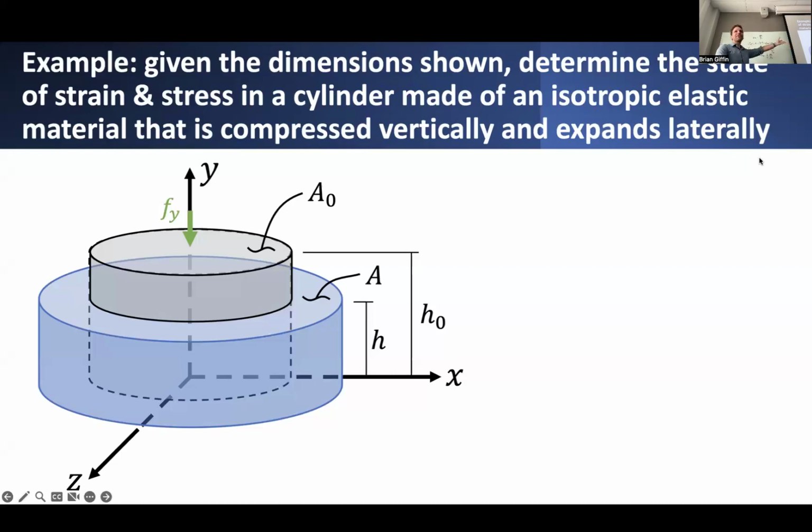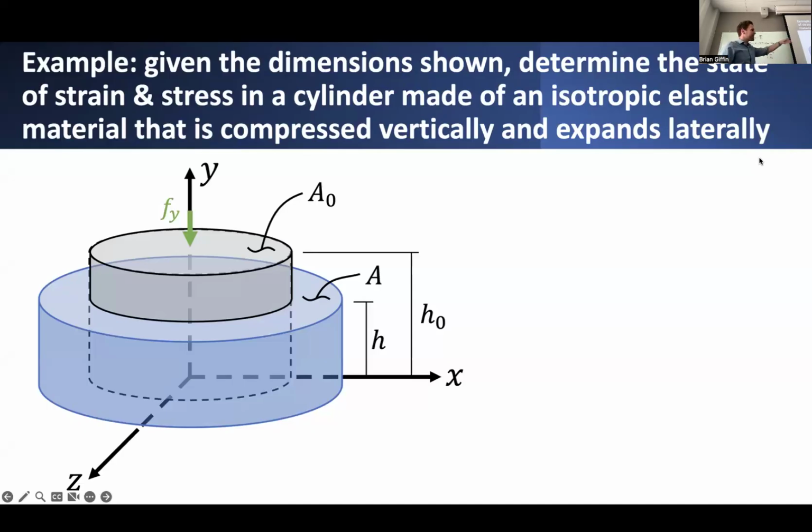And then what about the other components of stress? Are there any lateral components of stress applied to this cylinder? No, I'm seeing, again, shaking heads. If we're supposing the only forces we're applying to this cylinder are vertical compressive ones, we're not confining it laterally, it's just going to expand outward, and there's nothing that resists that.